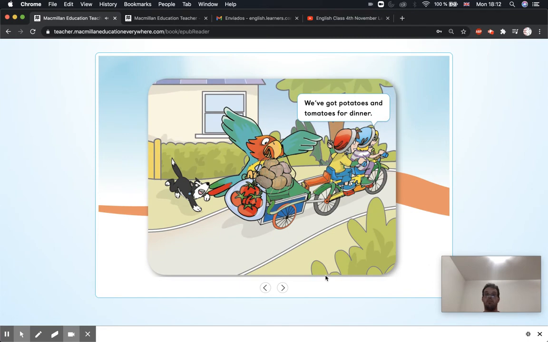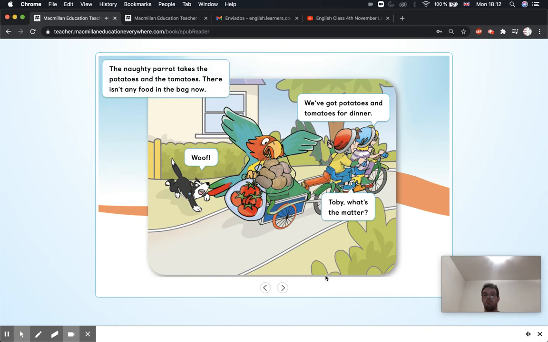We've got potatoes and tomatoes for dinner. Toby, what's the matter? The naughty parrot takes the potatoes and the tomatoes.